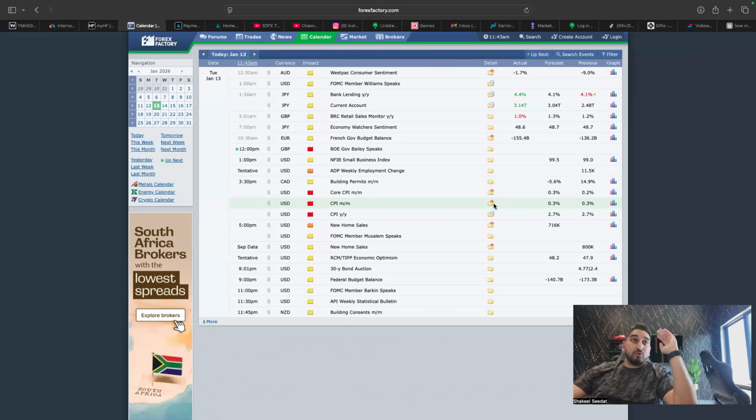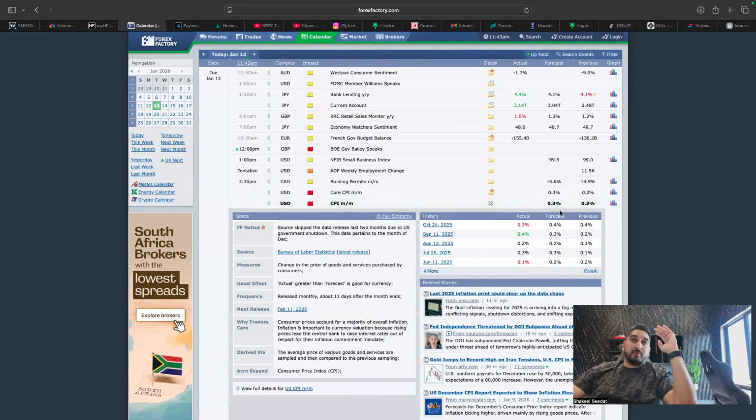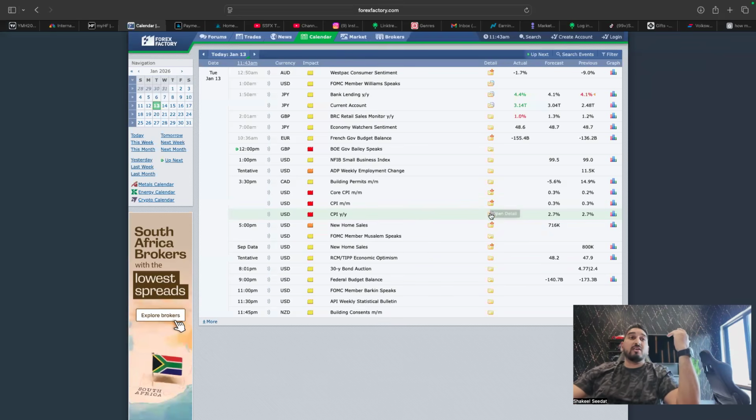However, if you look at CPI month on month, right? The month on month is showing us that it's going to be in line, right? The forecast is in line. Remember, these are just forecasted figures. It can definitely change or get revised, and the number that comes out can come out higher, lower, same. We don't know what it's going to come out as.